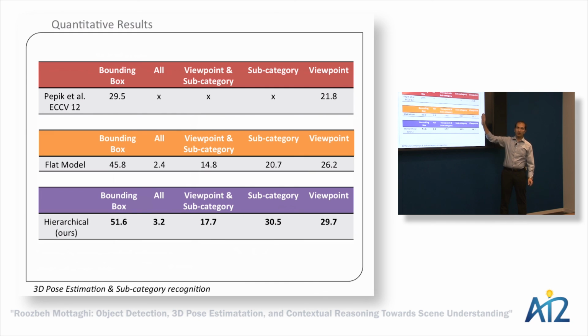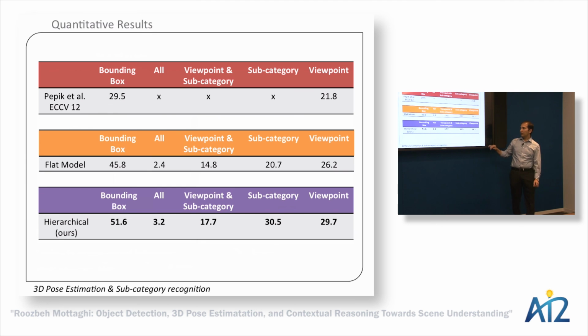For viewpoint, we check if the viewpoint is estimated correctly or not, and also subcategory, and viewpoint and subcategory together, and all means all of these tasks. As you see, it's a pretty difficult task, and our method obtains 3.2%, which is pretty low. Just note that the chance is very low, like 1 over 400 or something.